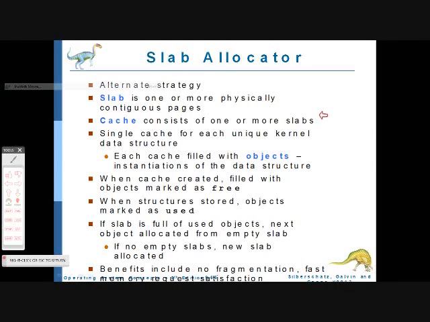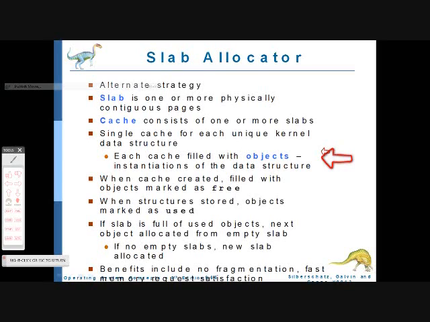A cache consists of one or more slabs. A single cache for each unique kernel data structure. Each cache is filled with objects, instantiations of the data structure. So meaning there are already predefined objects of the given sizes for every slab.